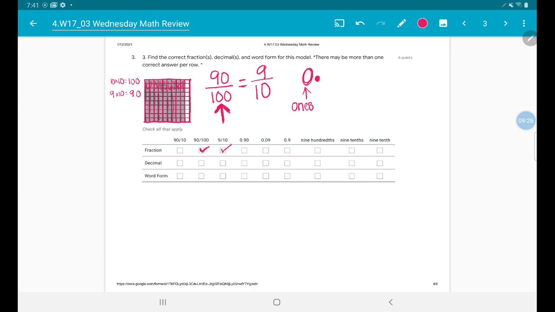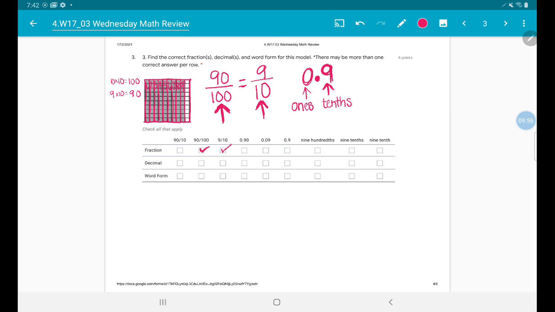It just looks like a period. And the place value after the decimal is called the tenths. So if I look at my 2 fractions, I have 90 100ths and I have 9 tenths. So in the tenths place value, I'm going to have a 9.